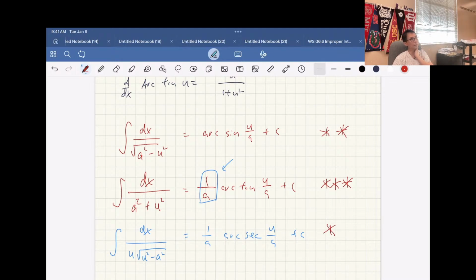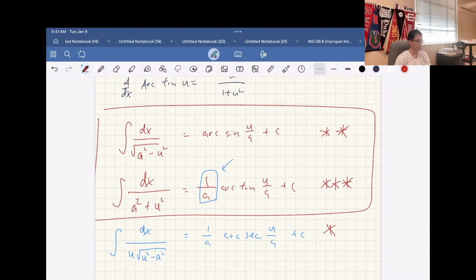It only happens on homework. You're probably not gonna see it on the test, nor the AP exam. So the first two are the ones you have to know very well. Any question about this part? This part is something that I would know for the test.